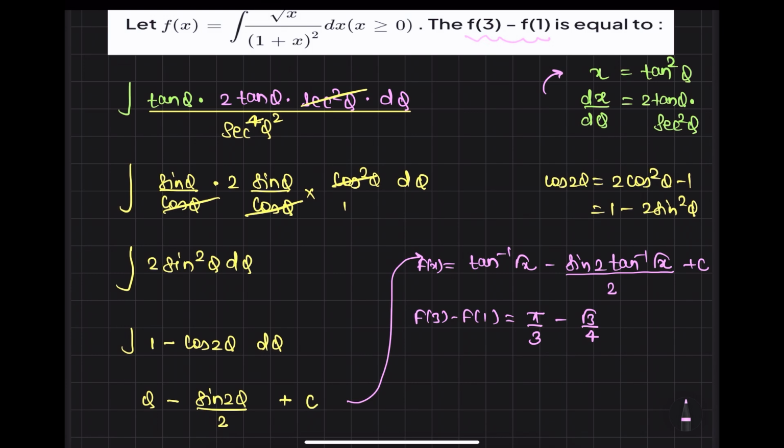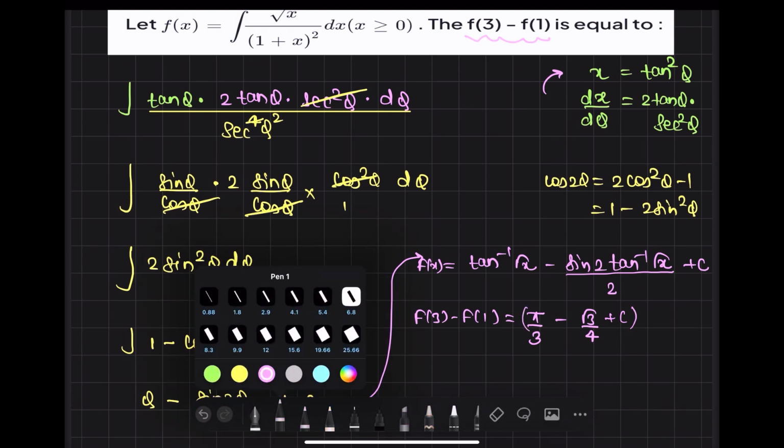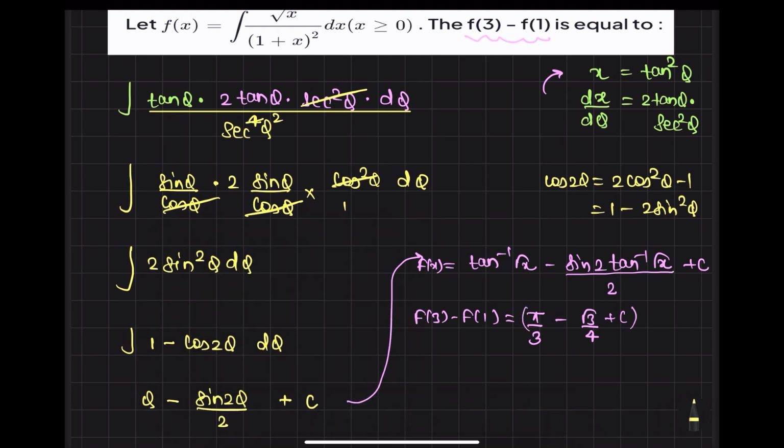Now the integration constant c. Now you have to apply f of 1. Root 1 is 1, tan inverse 1 is pi by 4. Then sine of 2 times pi by 4 is sine pi by 2, which is 1, so it is 1 by 2, and then plus c.